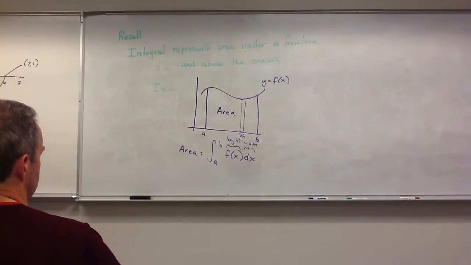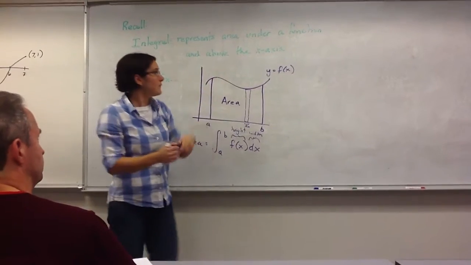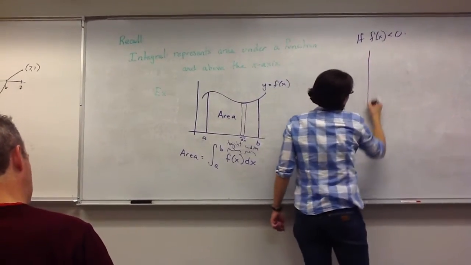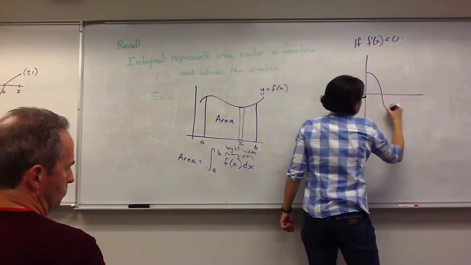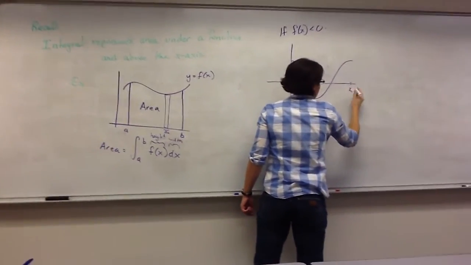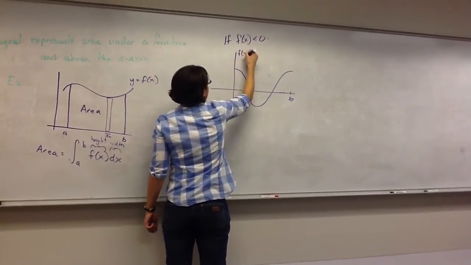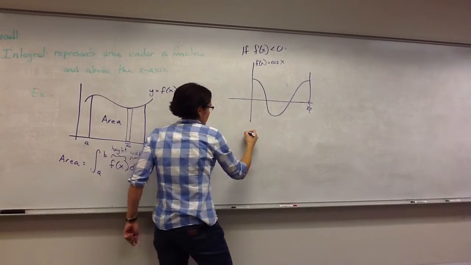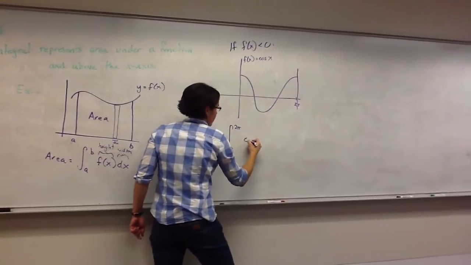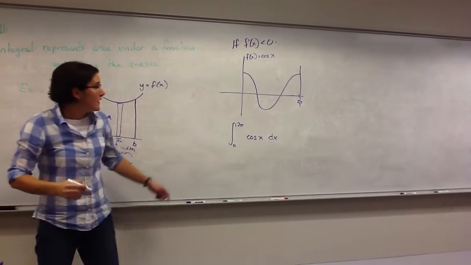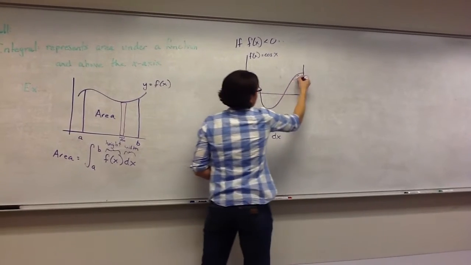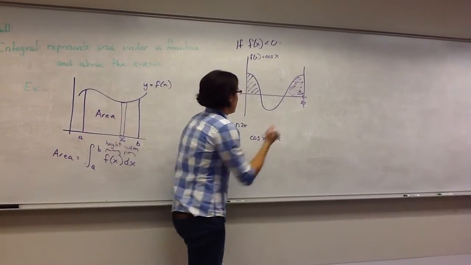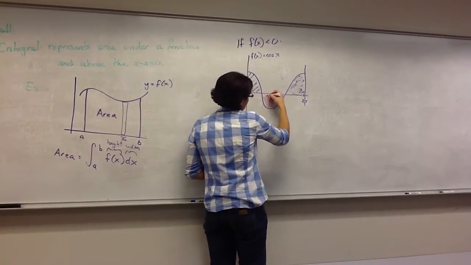The other thing is that if our function f dips below the x-axis, so if f of x is less than 0, such as a function like the cosine function, then when I talk about the integral from 0 to 2 pi of cosine of x dx, I'm thinking about positive values for the area above the x-axis and negative values for area below the x-axis.